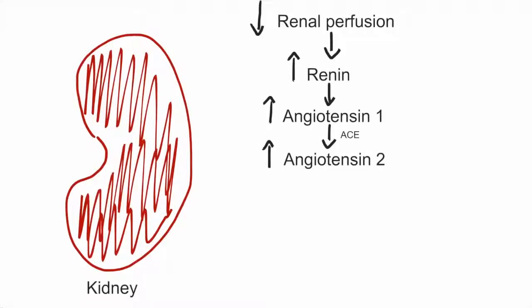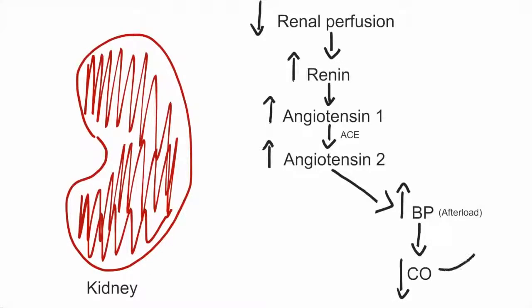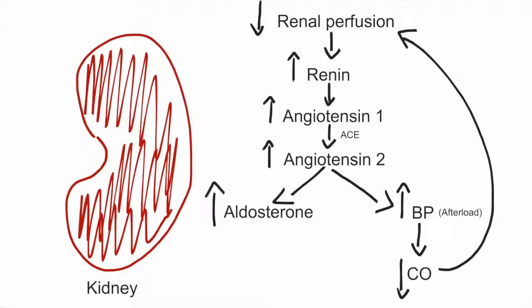The end organ effects of angiotensin 2 lead to increased blood pressure or afterload, which can further decrease cardiac output, which can then lead to further decrease in renal perfusion. The second effect of angiotensin 2 is to lead to increased aldosterone production, which then leads to increased sodium and fluid retention. We will come back to these flowcharts when we talk about therapy, as they will help understand why we use many of the medications we use to treat heart failure.